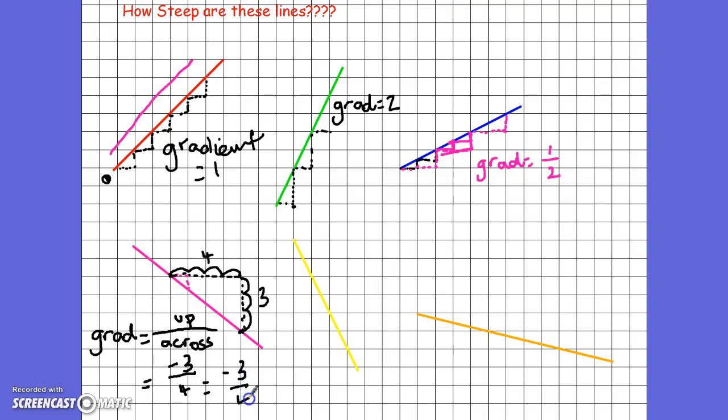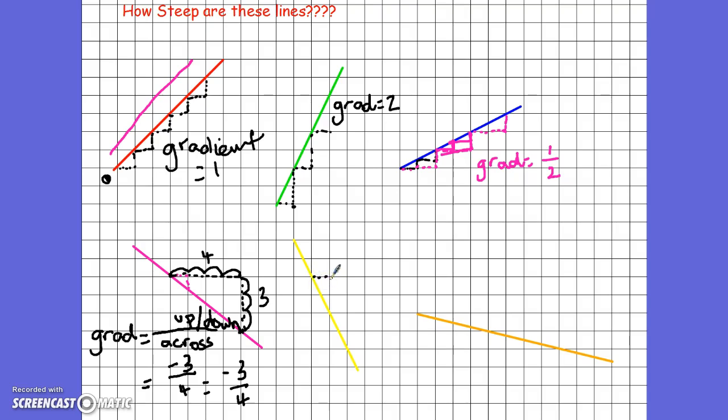So our gradient, I'll write it a bit neater, is minus 3/4. In this case, instead of going up, we're actually heading down. We're going down 3 spots, so we represent that by a minus. Let's have a look at the next one.